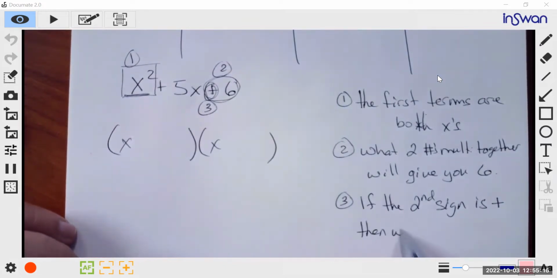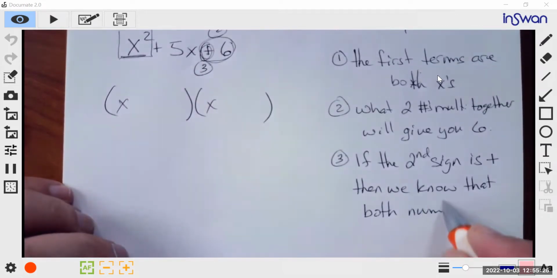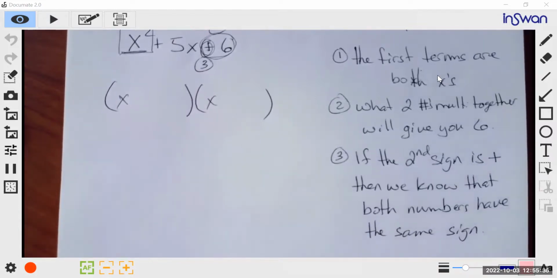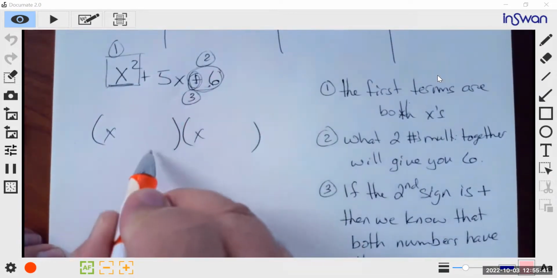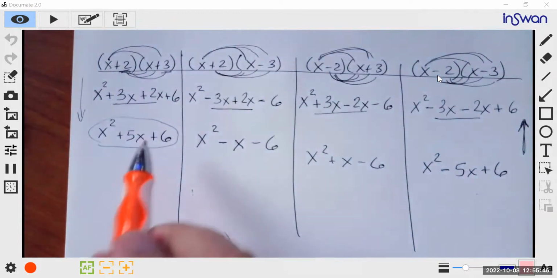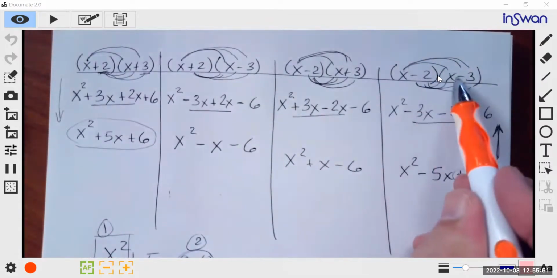Then we know that both numbers have the same sign. Because where does this number 6 come from? It comes from 2 times 3. The only way it can be positive is if both signs are the same.